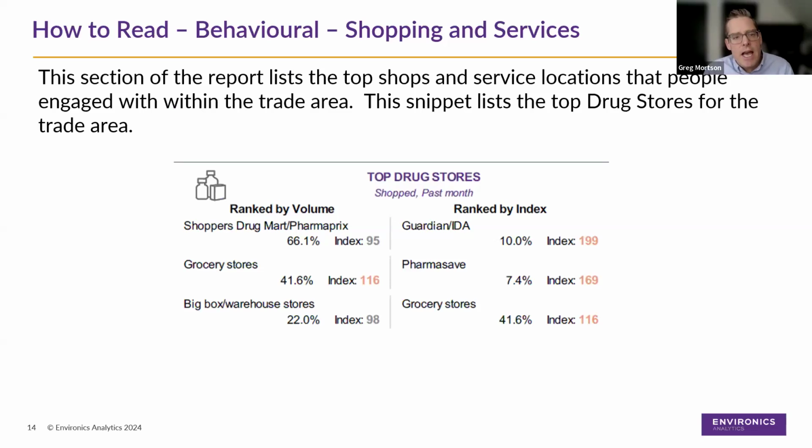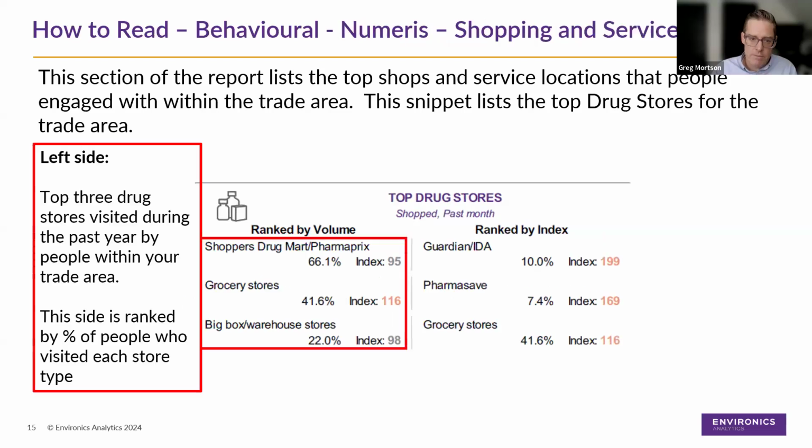Another section that is interesting is looking at shopping and services within your trade area. So you're going to get a lot of information on where people are shopping in terms of retail locations. In this case, we're going to look at the top drugstores within the trade area for a business, and then again, how that compares to Ontario.